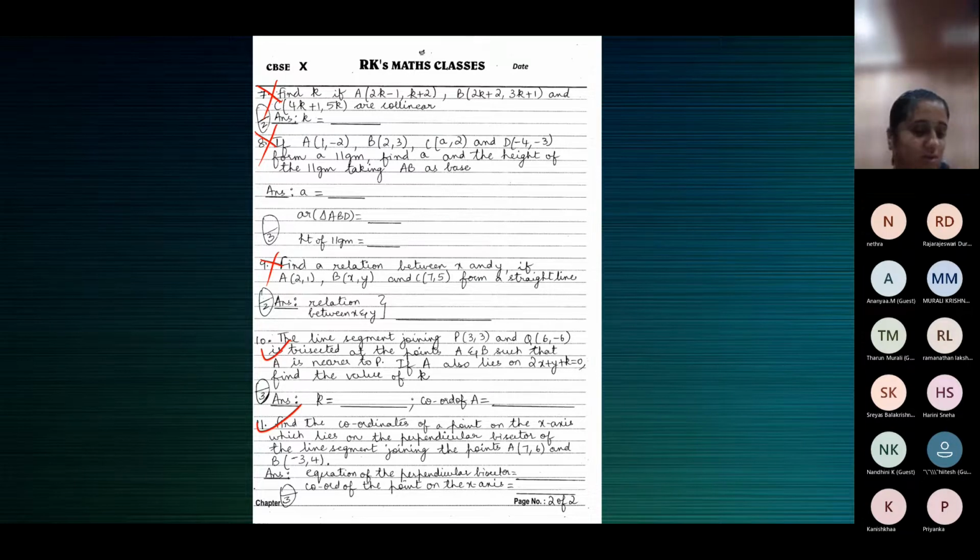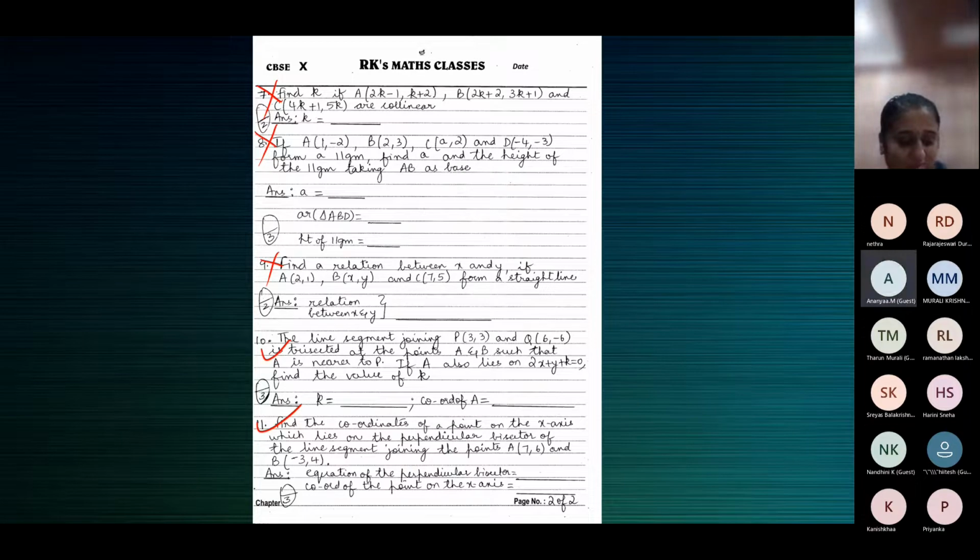No, dear, you're wrong. K is not what you said. Ma'am, is K -8? Yes, Shreyas. From nowhere, Shreyas will pop up. Yes, Shreyas, K is equal to -8.